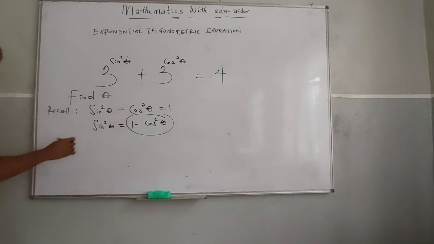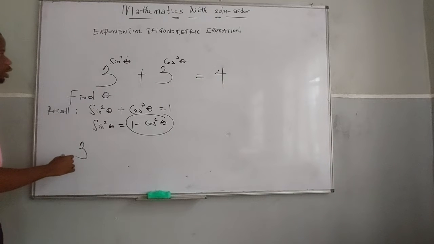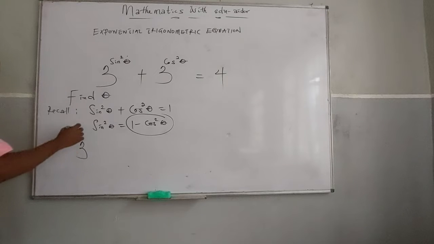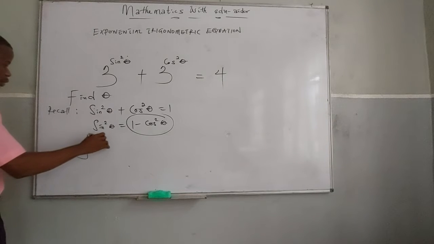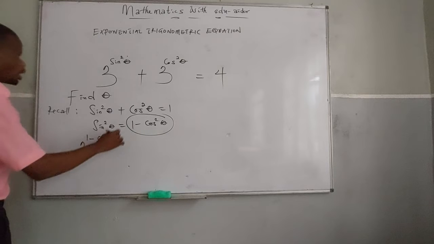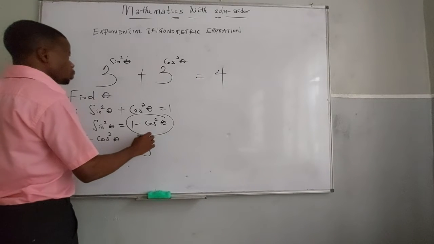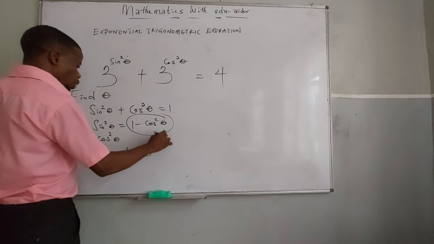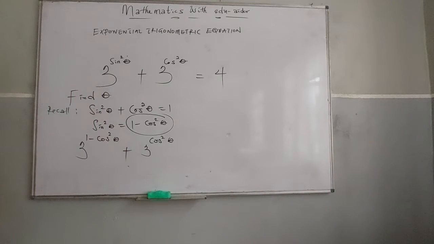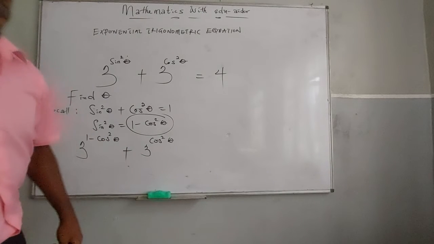So we are going to be having 3 raised to the power 1 minus cos squared theta, then plus 3 raised to the power cos squared theta. Simplify these terms.